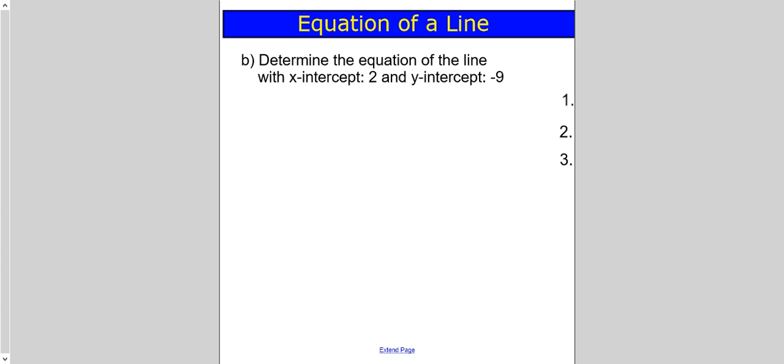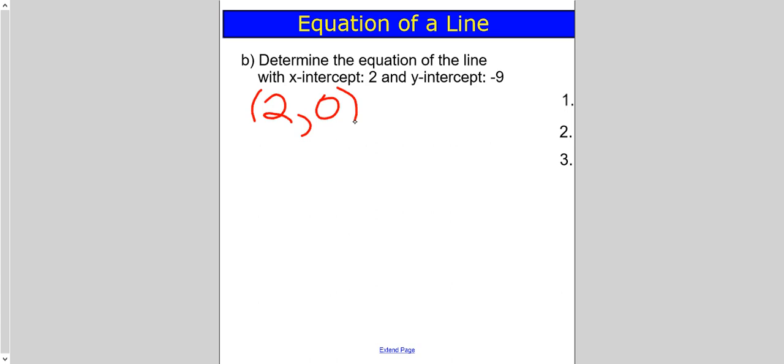Okay, so when we talk about x-intercepts, we're talking about where a graph crosses on the x-axis, which means that it has a y value of 0. So your x-intercept, the x is at 2, but your y is at 0. And look at that. We now have a point. Same thing with your y-intercept.